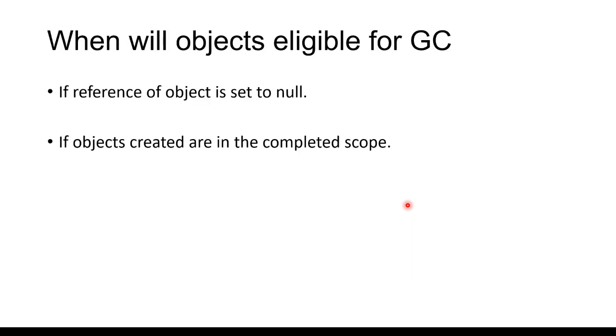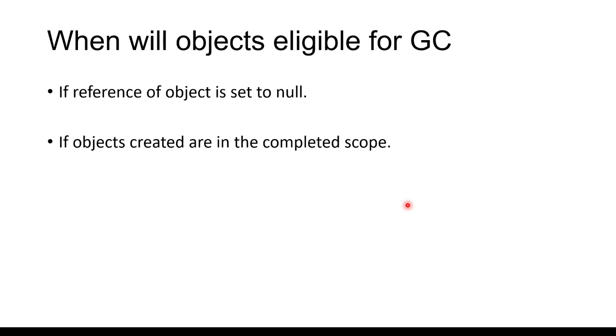So when are these objects eligible for GC? An object will become eligible for GC if that object is not used by any program thread. It means a particular object that is not used by any code or any program is said to be useless, right?